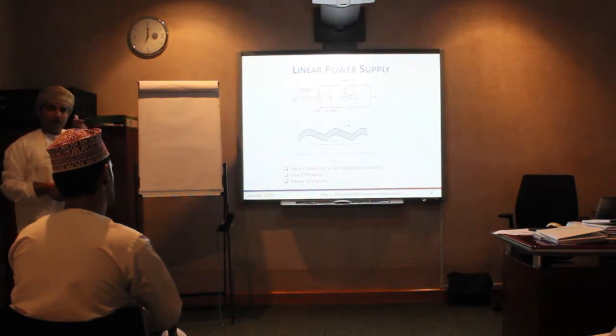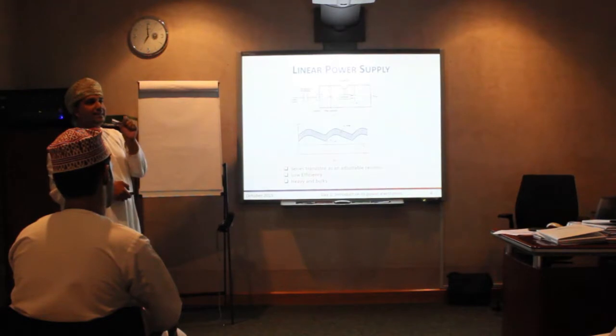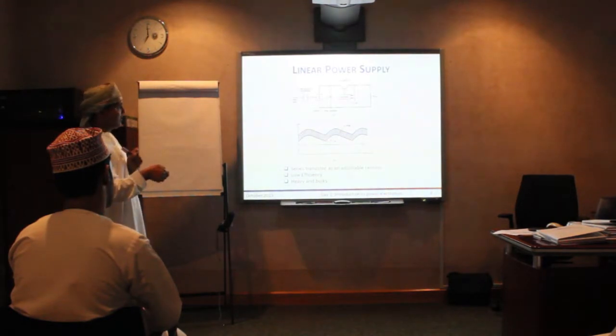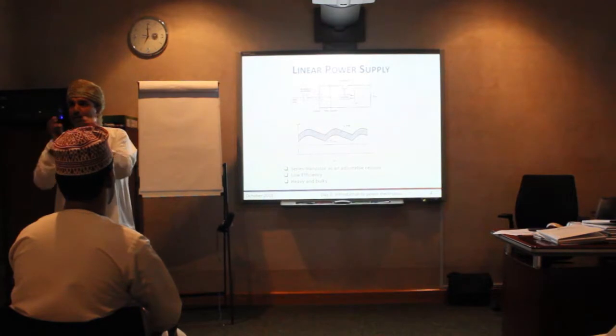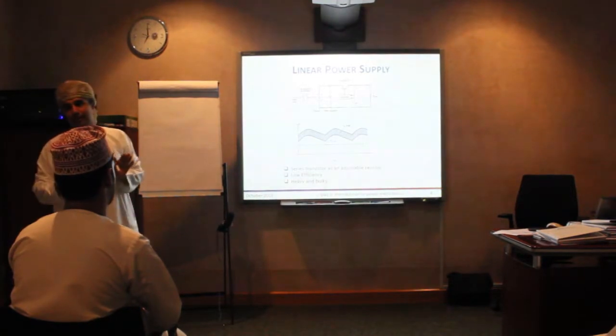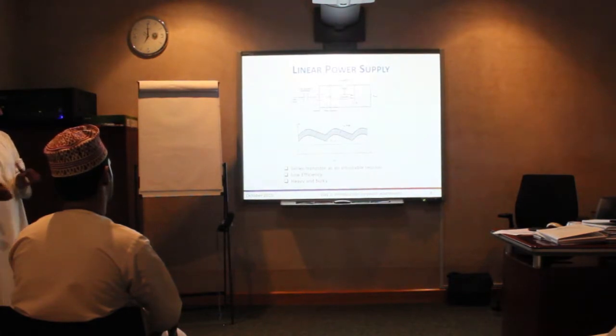But in power electronics, we operate this as a switch. So we send enough signal, either voltage or current, depending on the type of transistor, and it is enough to turn it on completely or turn it off completely. But we are not working in linear mode.